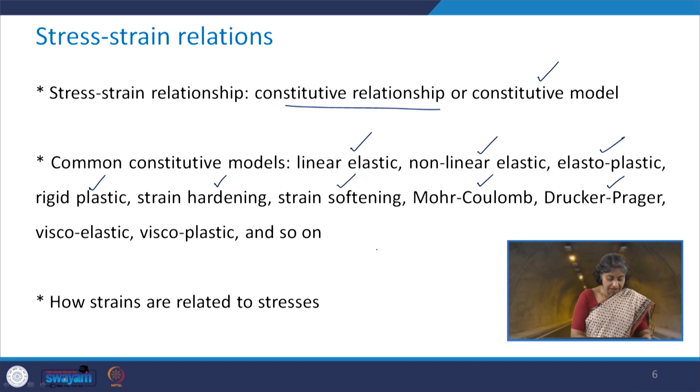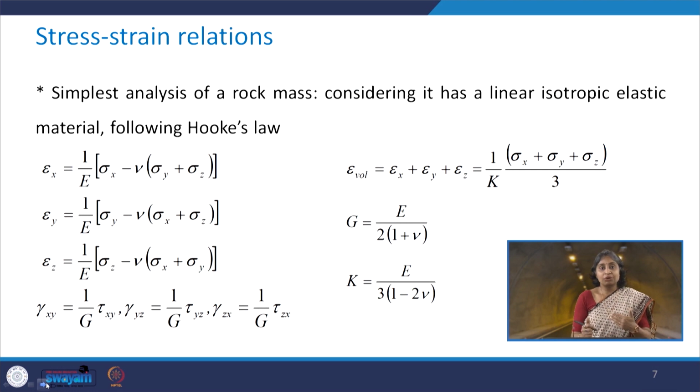Let us take a look at various ways that stresses are related to strains. The simplest analysis of a rock mass would be by considering it as a linear isotropic and elastic material, which follows Hooke's law.